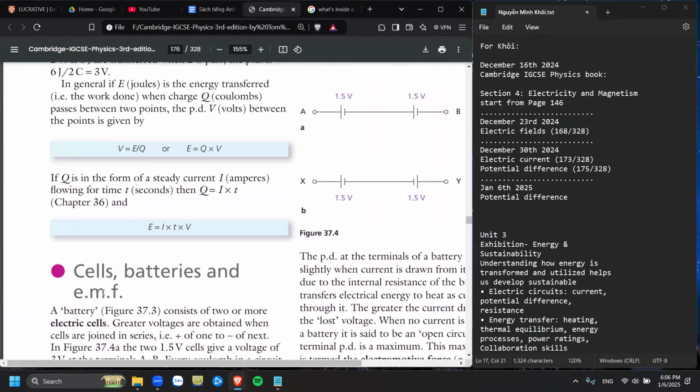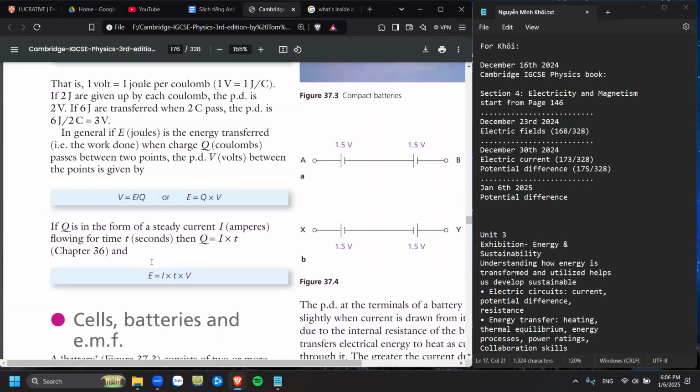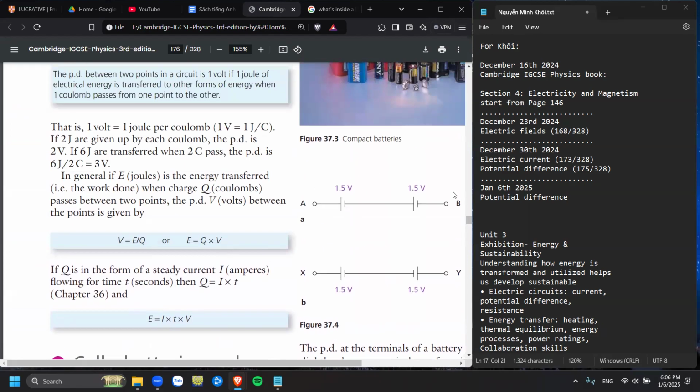Okay, let's look at this figure, 37.48. This one I'm trying to explain. If you connect them in series, look at this one: positive, negative, connect to the positive, negative, connect to the positive, negative, and so on.